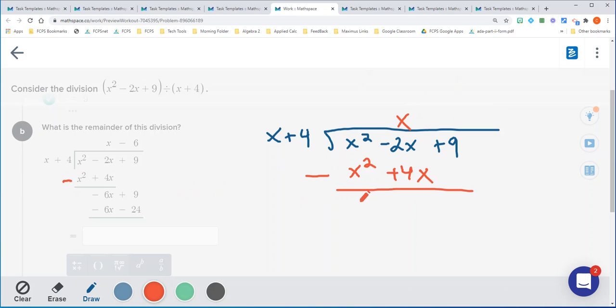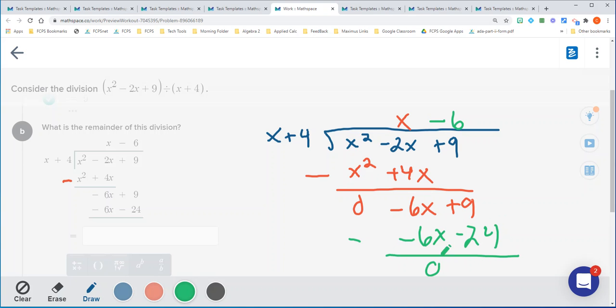So we get 0 minus 6x plus 9, and then I get round 2. Notice it's a minus 6, so we get minus 6x minus 24. Subtract. 33, because notice I've got to subtract. So this is 0, and this is positive 33.